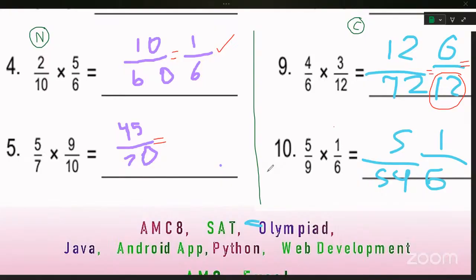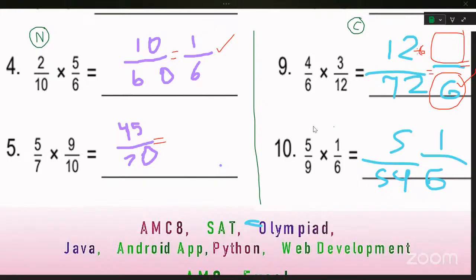Because 6 times 12 is 72. What number are you dividing by? Are you dividing by 6? If you divide by 6, then you have to change the numerator. Here 6 is correct. Here also you are dividing by 6, so change the numerator. You got my point?